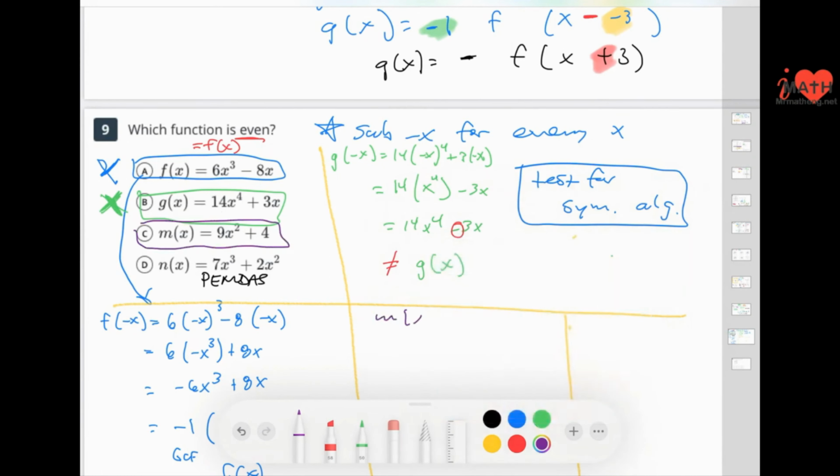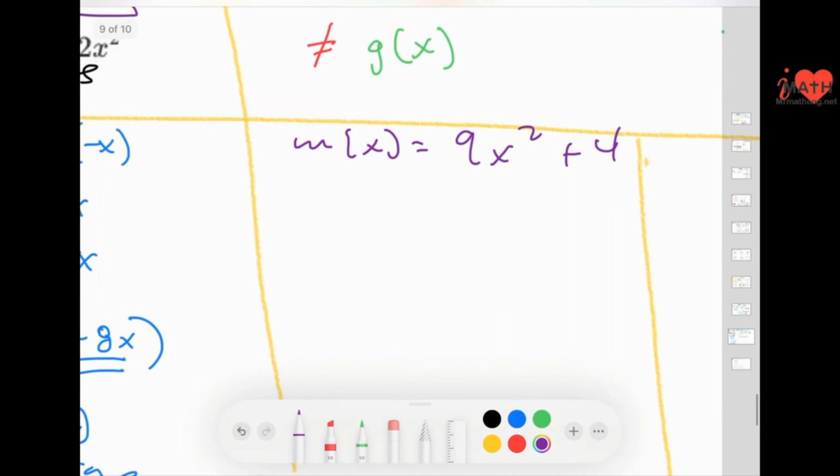M of x is this. And every time, again, we see an x, we're going to write a negative x. Now, don't be concerned about the left side. So, negative x equals 9 times negative x squared plus 4. And I'm going to do negative x times negative x, which is x squared.